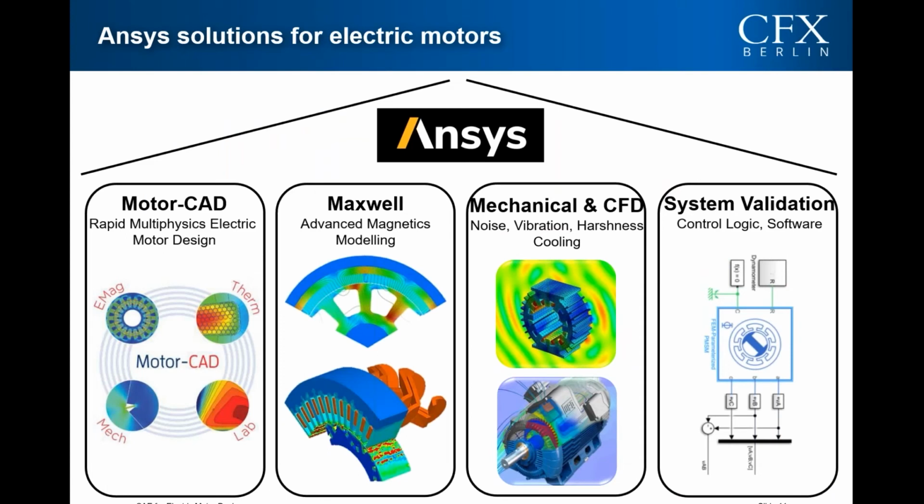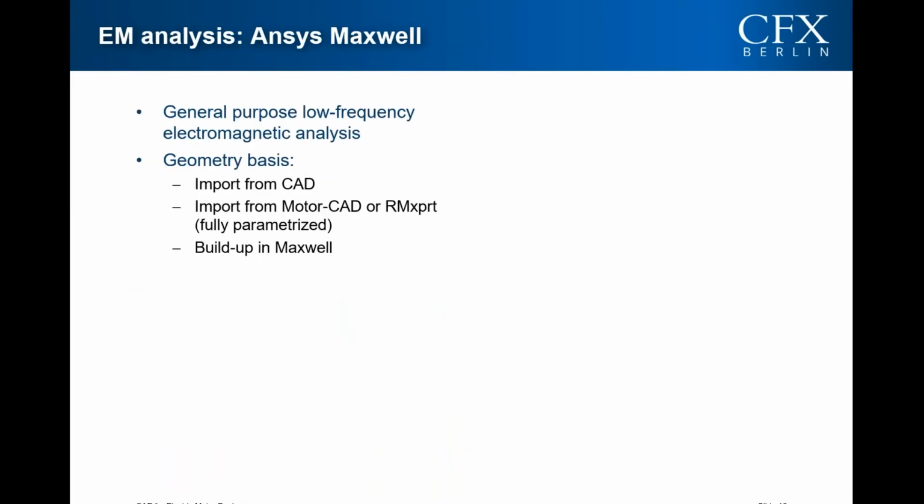Let's have a closer look at the in-depth analysis of electric machines, starting with electromagnetic field calculation. ANSYS Maxwell is a general purpose, low frequency electromagnetic solver. Low frequency means that all changes in current immediately change the field.